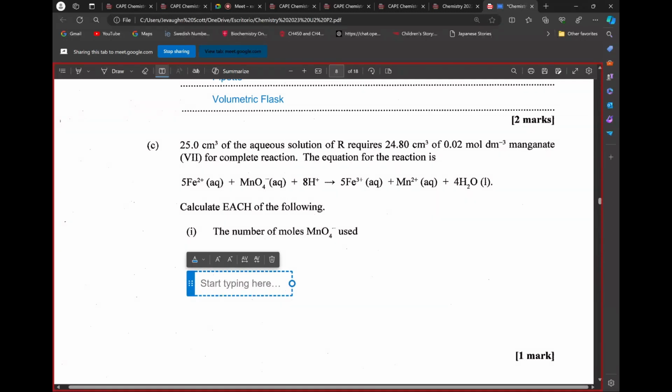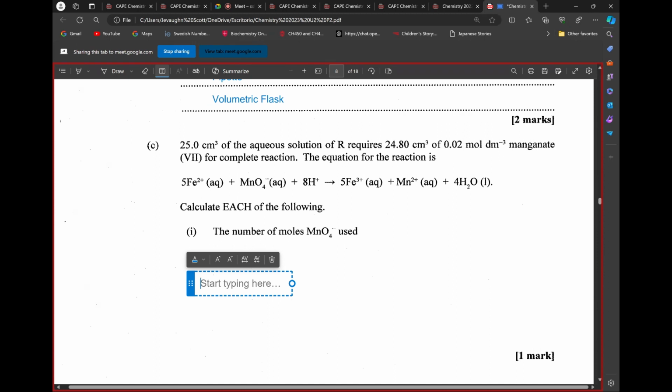Go ahead. What is it that we use? Is that more of a titration question? How do you do this? Go ahead.